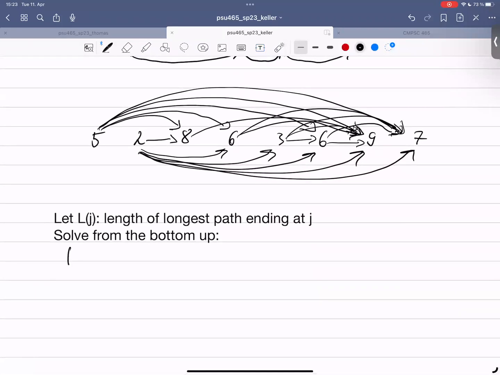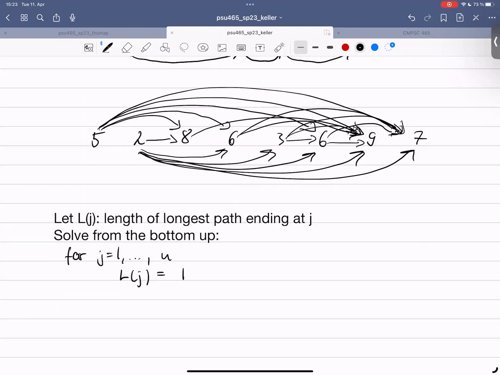So we would go for j equal 1 all the way to n. And then we would see that Lj, the longest path ending at j, would be equal to 1 plus, because we have the extra edge coming from our predecessor.